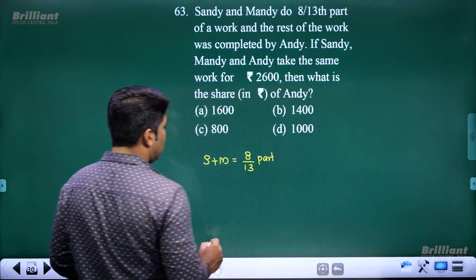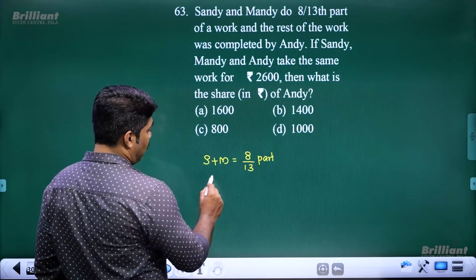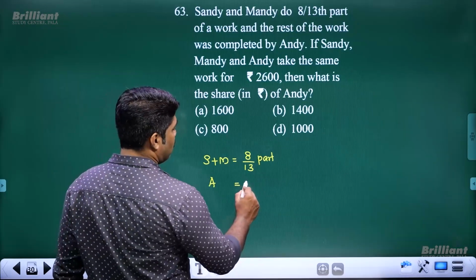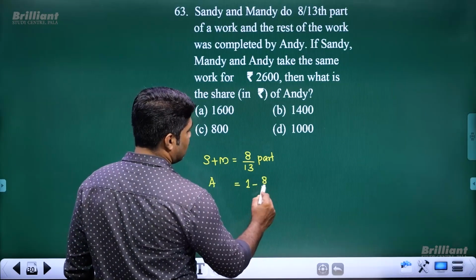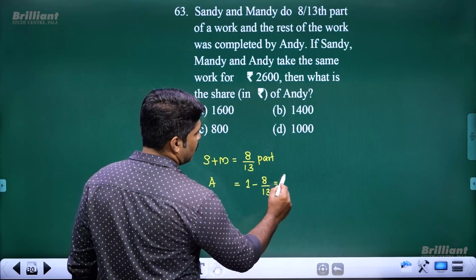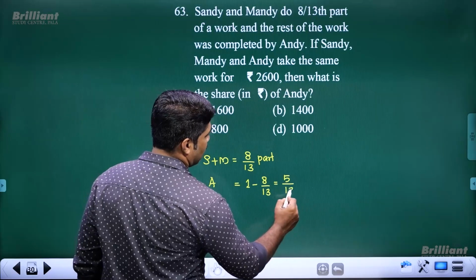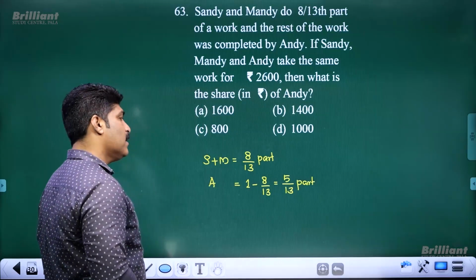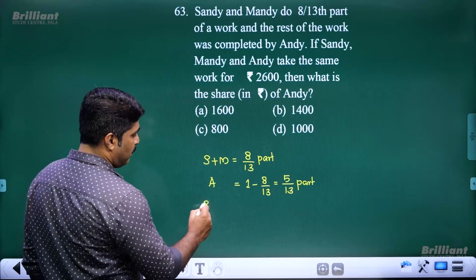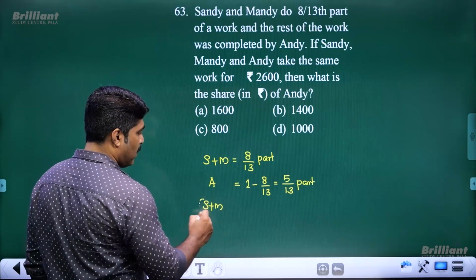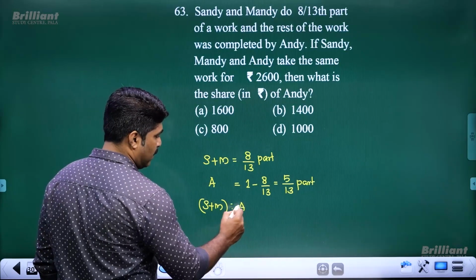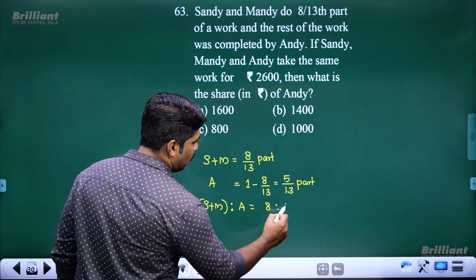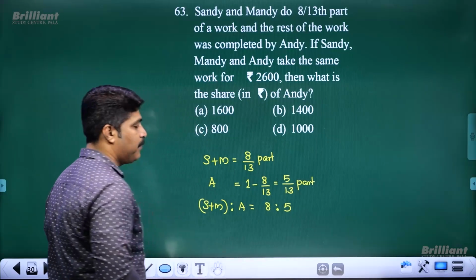Then what's the part of the work completed by Auntie? That is the remaining part. Or simply consider 1 minus 8/13, so that is 5/13 part. Got it? That means their ratio, Santi plus Manti together and Auntie, is 8:5. That's a simple logic.